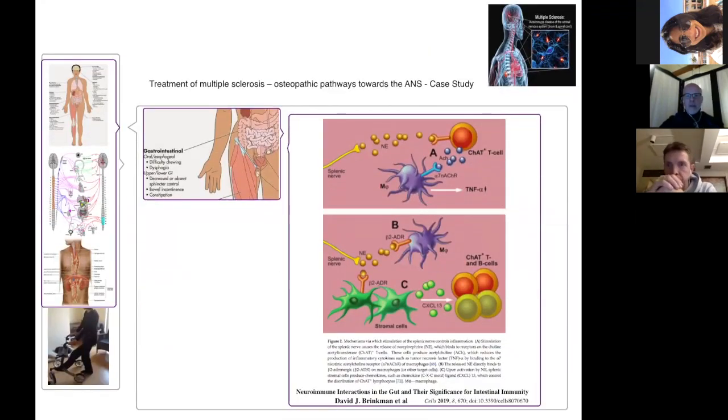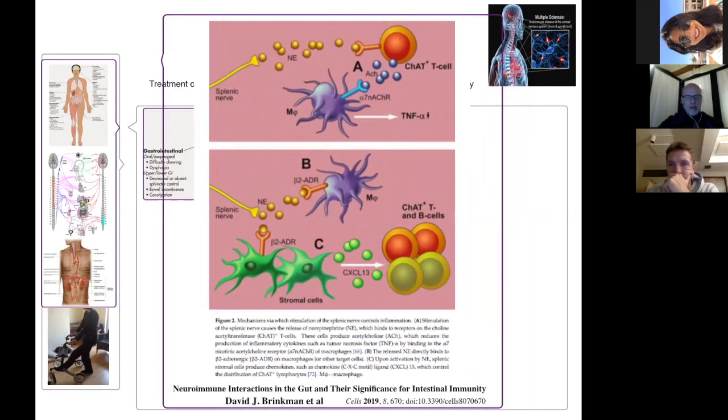So again, there are these particular neuroimmune interactions in the gut, and they have a specific effect on specific T cell responses and various other factors that are involved with inflammatory mediation. And if we look here, mechanisms via which stimulation of the splenic nerve controls inflammation.